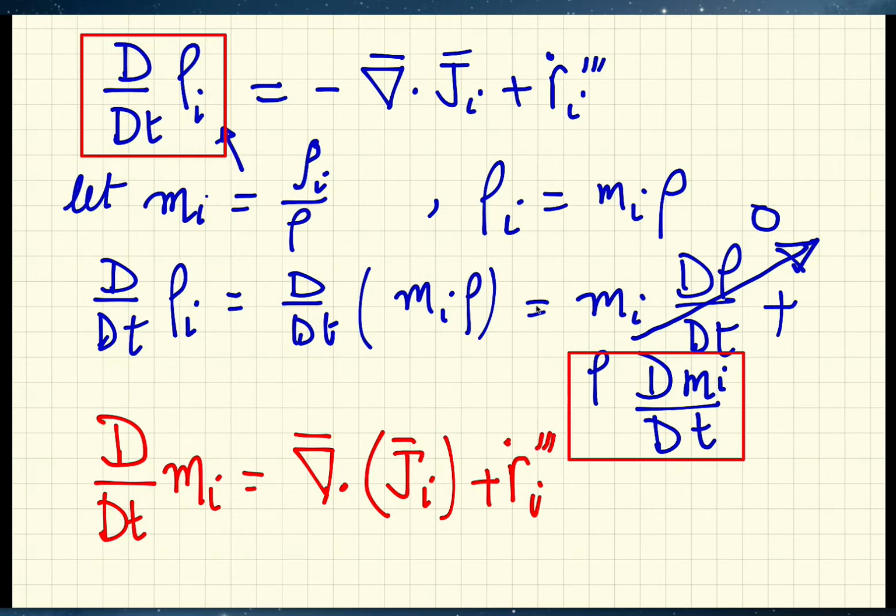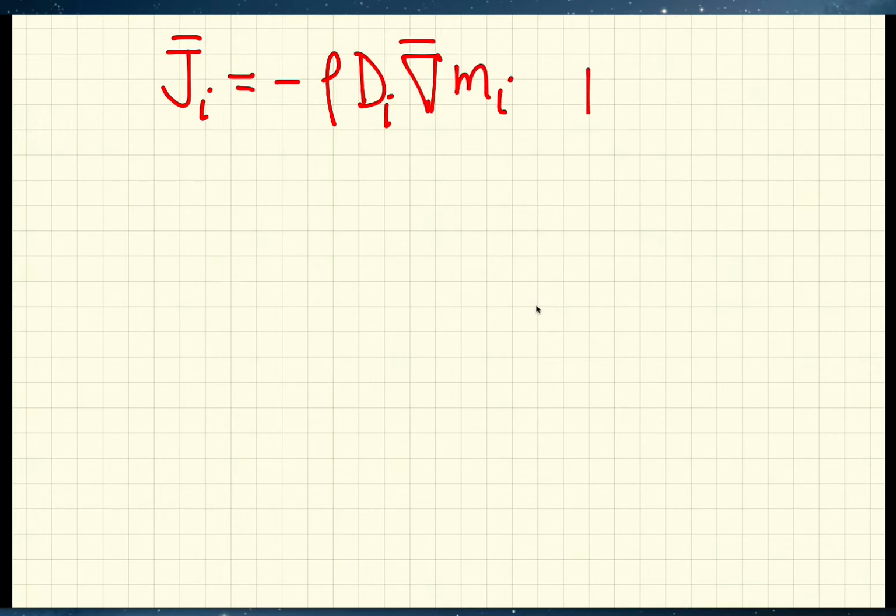If we just add another text box here, maybe we add another page to this, then we can write the equation as Fick's law tells us that j is equal to minus rho D sub I times the gradient of m sub I. So this is Fick's law.